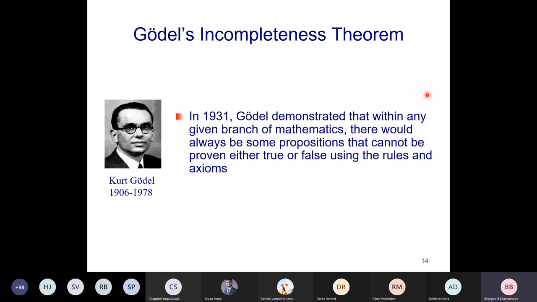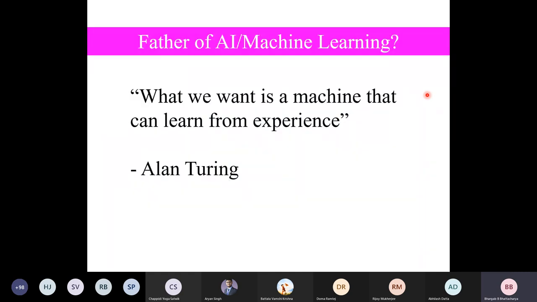Well, now let us move into the architectural space. Another thing is that today we are talking about artificial intelligence and machine learning, but long ago Turing introduced this concept. He asked this question: what you want is a machine that can learn from experience.